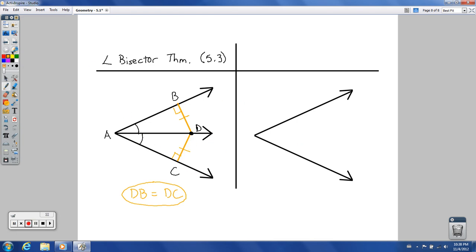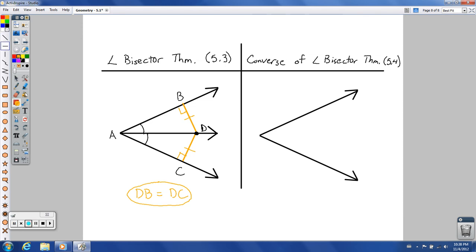In this other one, it's again the converse. So this is the converse of the angle bisector theorem. This is 5.4. And so what I have going on here, this I'll put in orange, I'm going to say that I start with this, and I feel like I'm not quite ready for that yet.